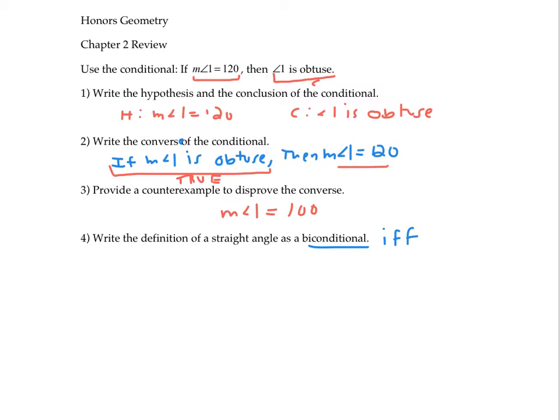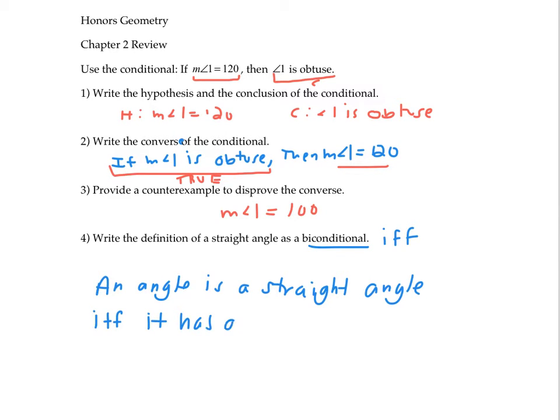So an angle is a straight angle if and only if it has a measure of 180 degrees. That's it.